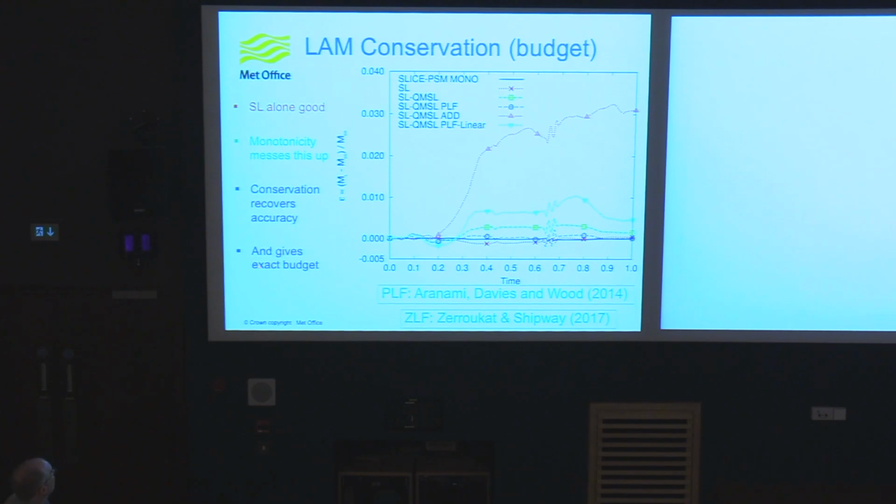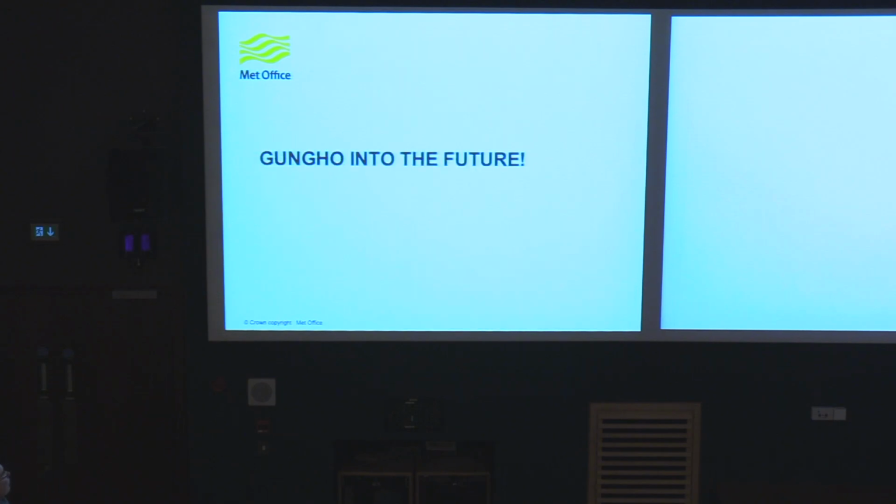And then there's, I think it's the blue line here, this so-called PLF scheme, which is a way that Kohei and Terry Davis developed of imposing mass conservation within a limited area model, and that returns us to a value which is close enough to 0. So that's just to say we can do it. Those options are available within the model if anybody wants to use them.